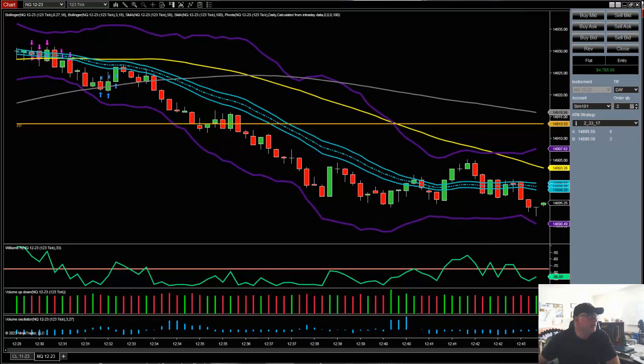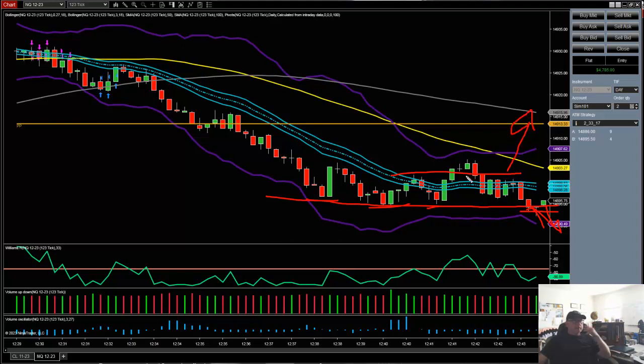I was thinking, by the way, I know I didn't say it, that if it breaks through this area here, that would be how many times? Like 1, 2, 3. This might be the third time, and the fourth time coming on down. And you really need to come back above this area here for any long.